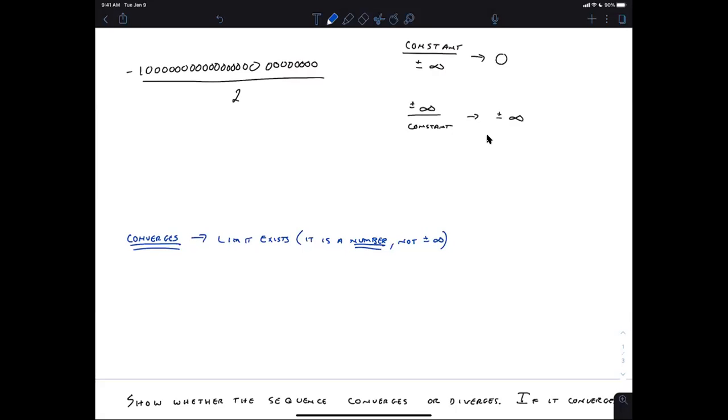If we say it diverges, the limit doesn't exist. So we're saying the limit does not exist. This includes plus or minus infinity as possibilities.